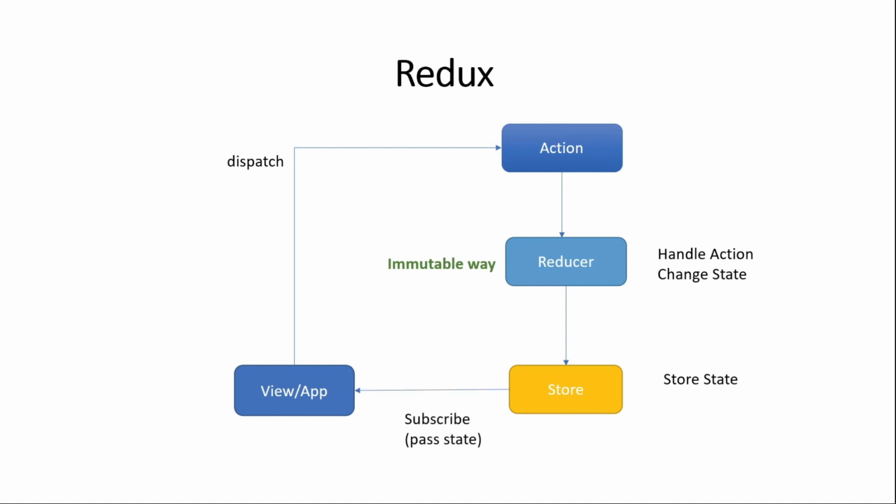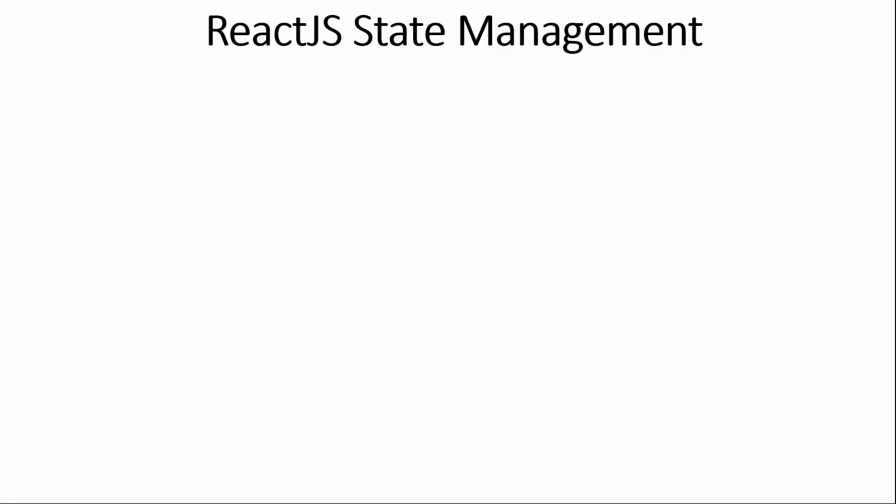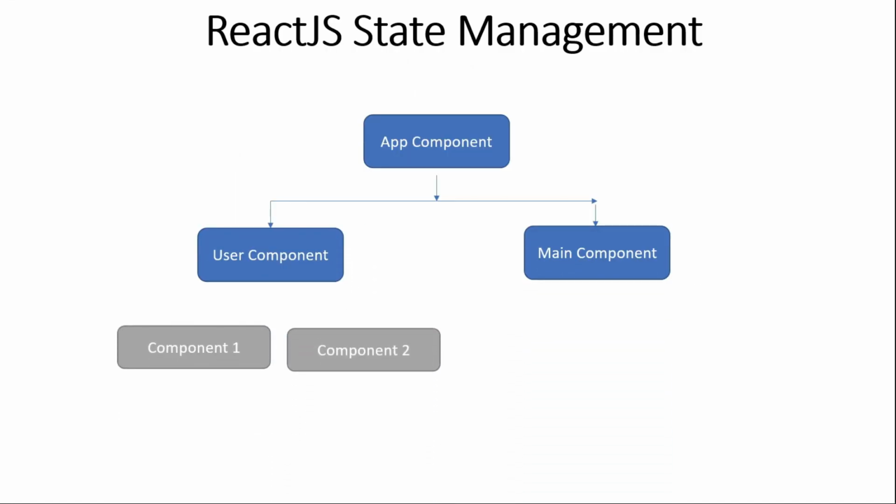Whenever the state gets updated, the new state passed to the store will automatically be sent to all the interested components, and the application will get updated. Now let's go back to the previous example where we had our app component with other components, and now we also have a store.